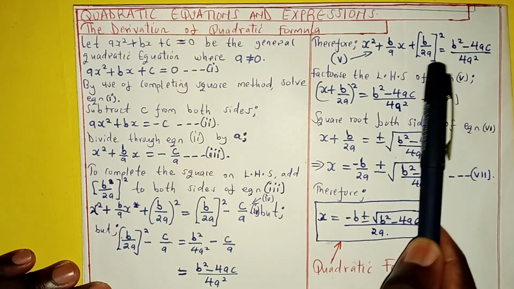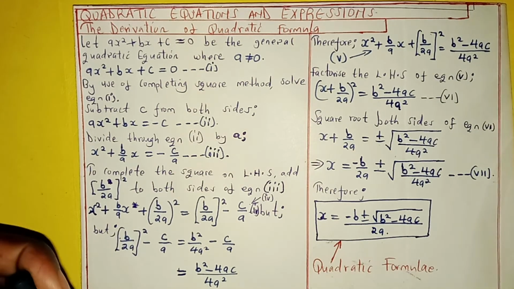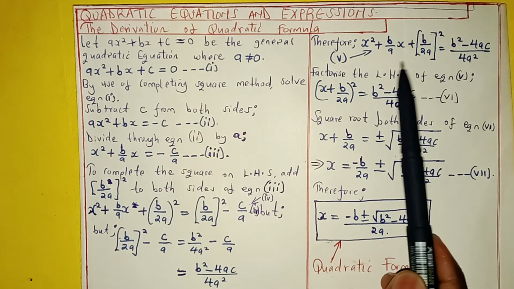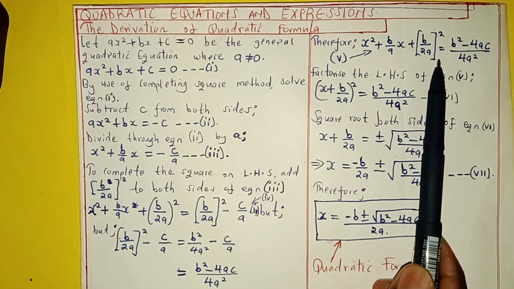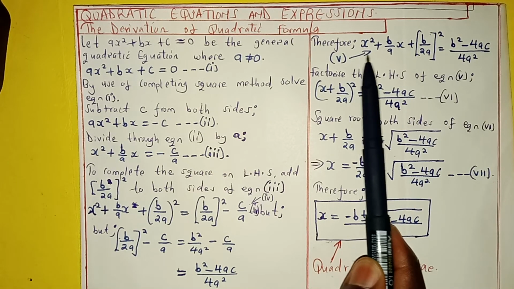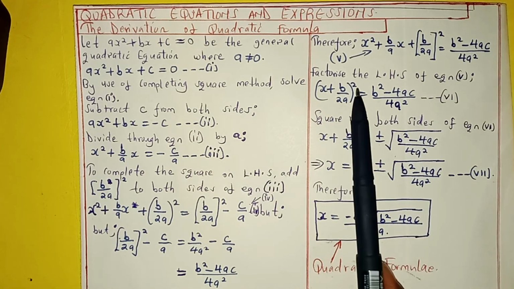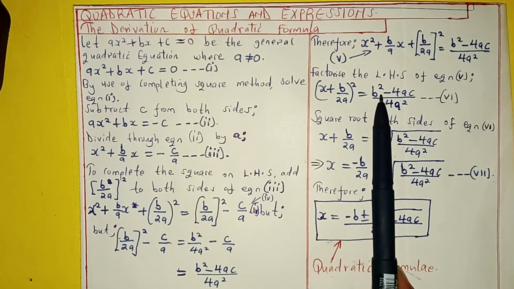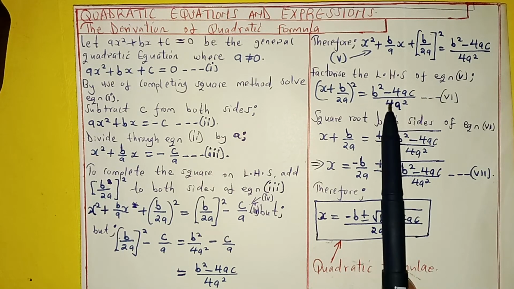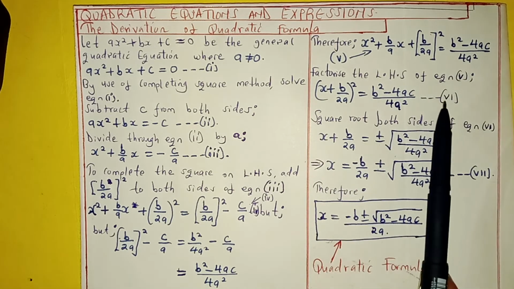The left hand side of equation number 5 is this part here, x squared plus b over a x plus (b over 2a) squared. When you factorize it, you get (x plus b over 2a) squared equals (b squared minus 4ac) over 4a squared. This is our equation number 6.